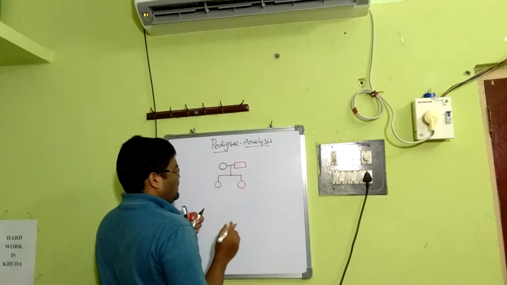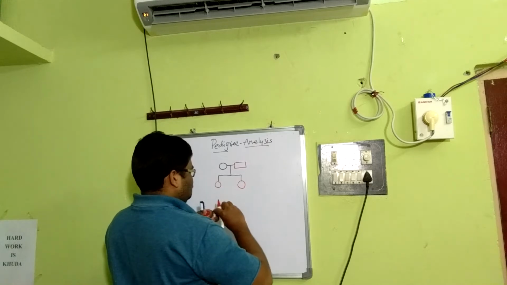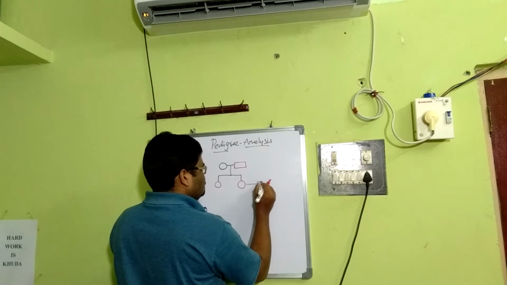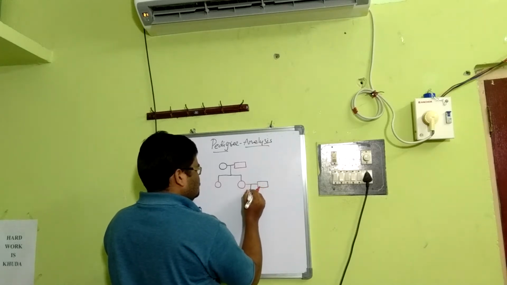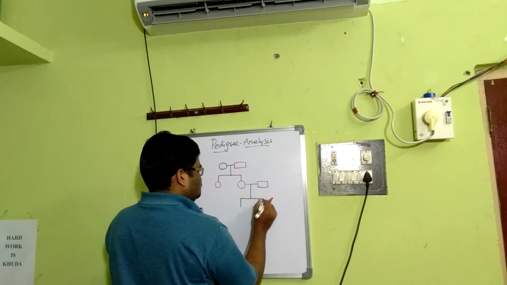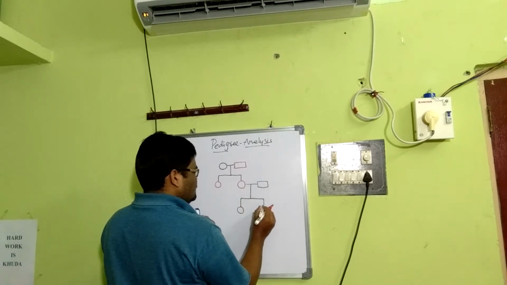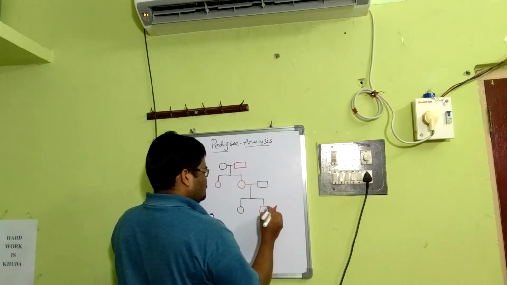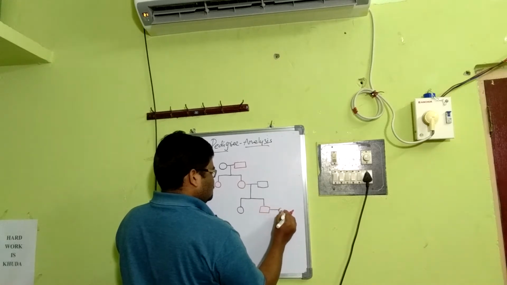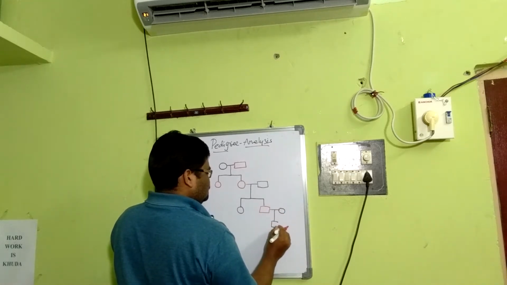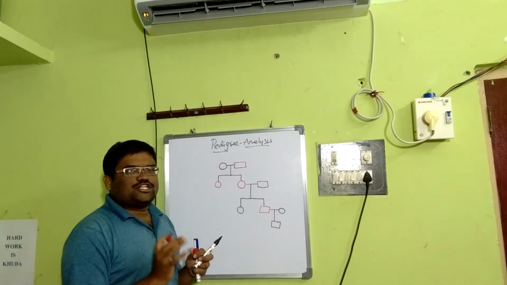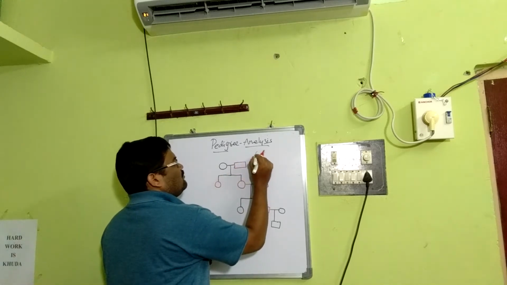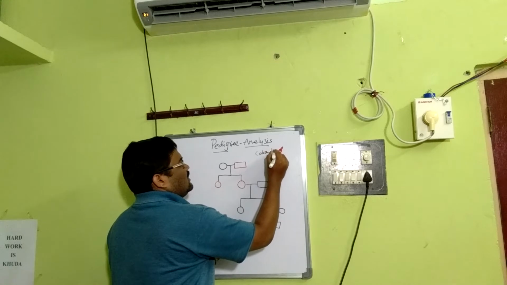Red lines depict affected, and black represents normal. It's a simple representation of a pedigree chart with respect to a color blindness trait. Here we are taking the example of the color blindness trait.